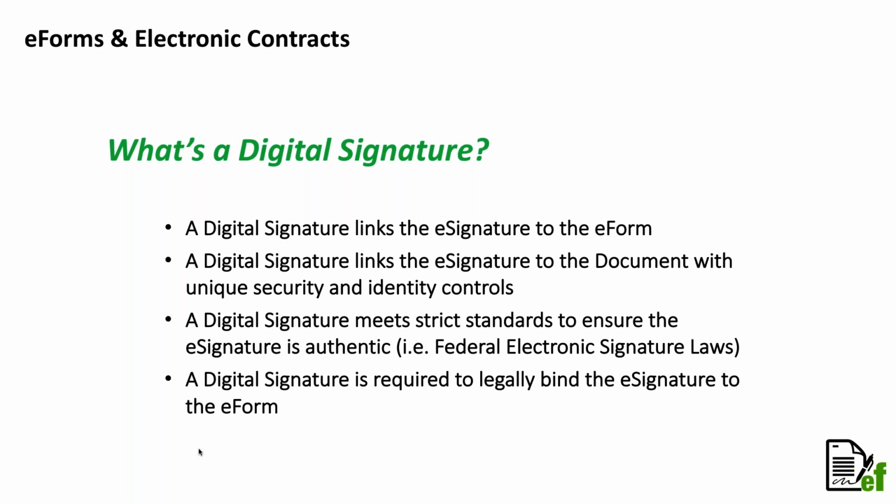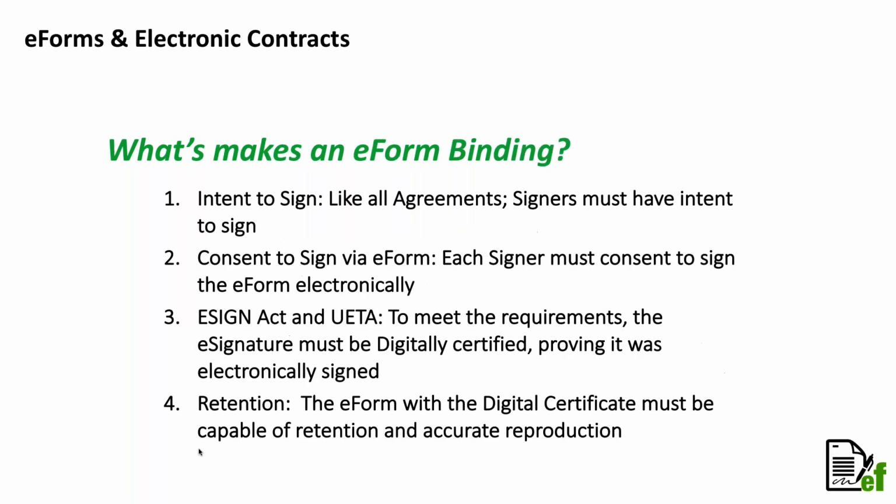The digital signature meets strict standards to ensure that the e-signature is authentic. And there are federal electronic signing laws. The digital signature is also required to make the e-signature legally binding with that eForm. And our eForms module does all of this.